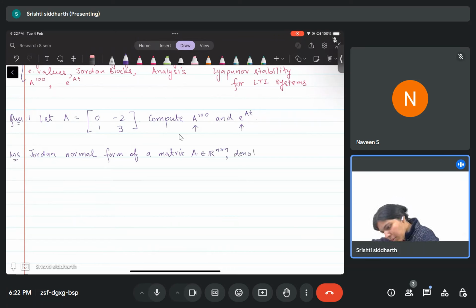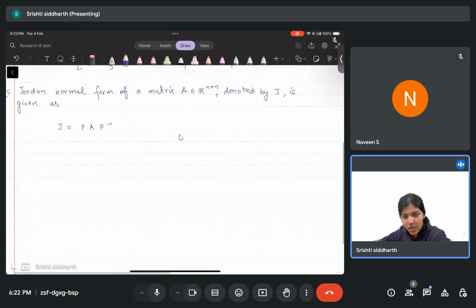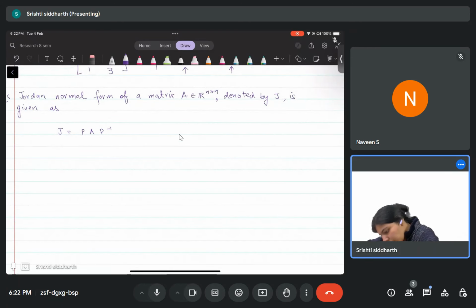Denote the Jordan normal form by J. So J is given as P inverse A P. We'll find out what this matrix P is to form the matrix J. But the matrix J is going to be of this form: J1, J2 up to, let's say JL, and then zeros elsewhere.